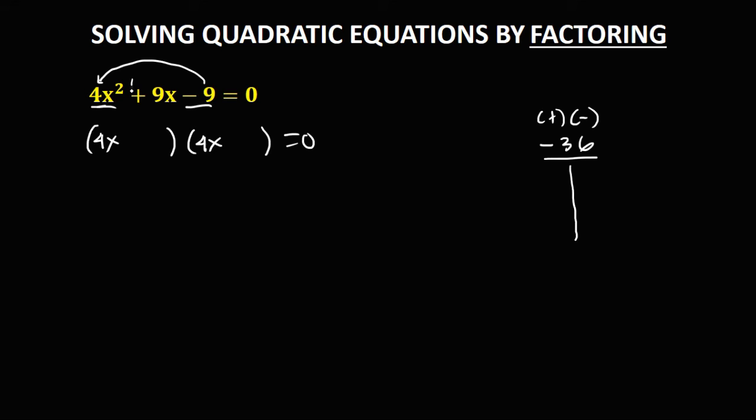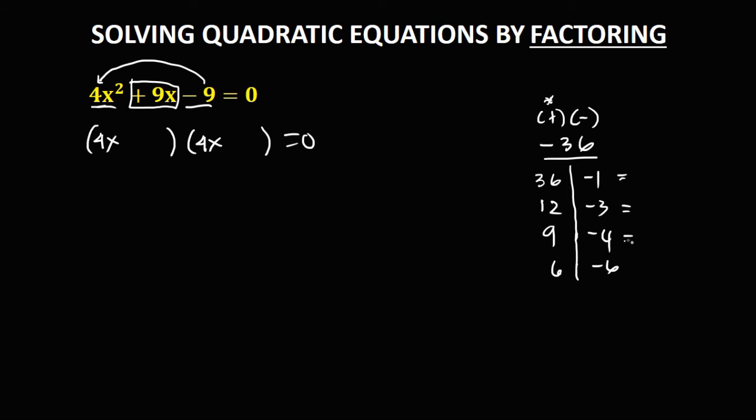Since the middle term is positive, the bigger number must be positive. So we have 36 times negative 1. You can have 12 times negative 3, 9 times negative 4, and 6 times negative 6.